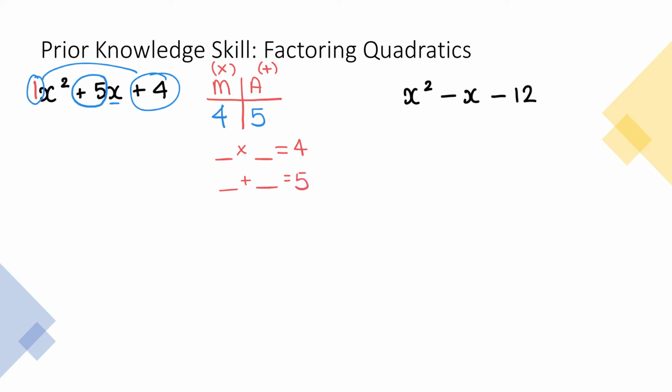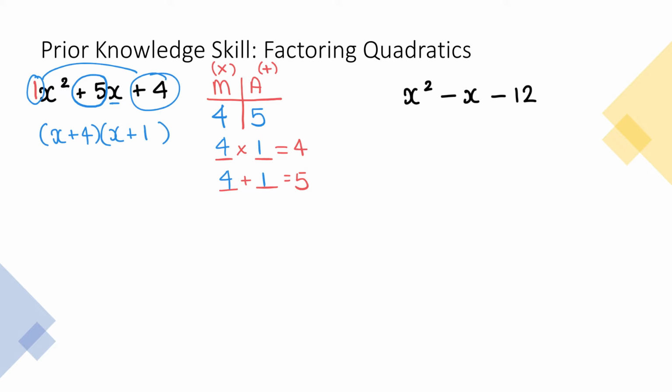So in this case, if we think of those two numbers, we have 4 times 1 and 4 plus 1. So 4 times 1 makes 4, and 4 plus 1 makes 5. So these are going to be what's used in my brackets here. So I'm going to have x plus 4, and I have x plus 1.